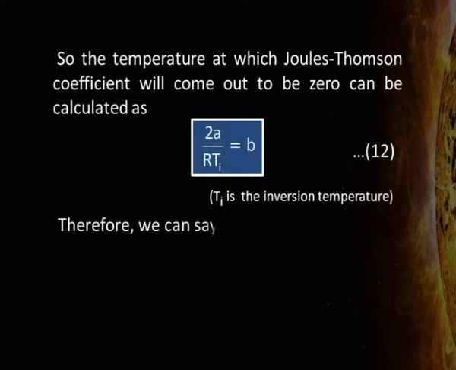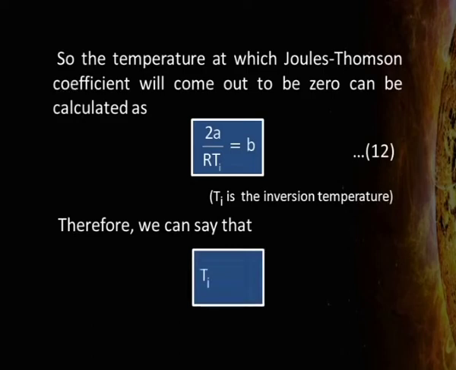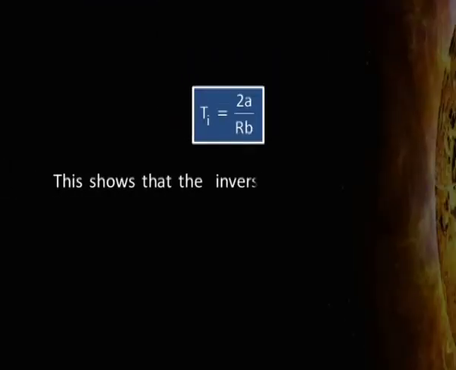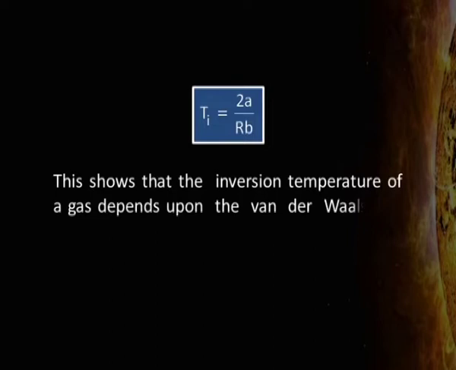Therefore, we can say that Ti is equal to 2A upon Rb. This shows that the inversion temperature of a gas depends upon the van der Waals gas constants A and B of the gas. Let us practice an example to calculate the inversion temperature.